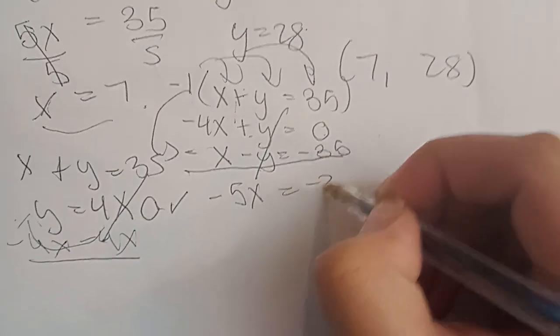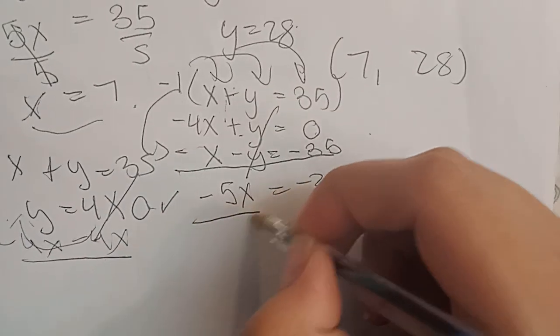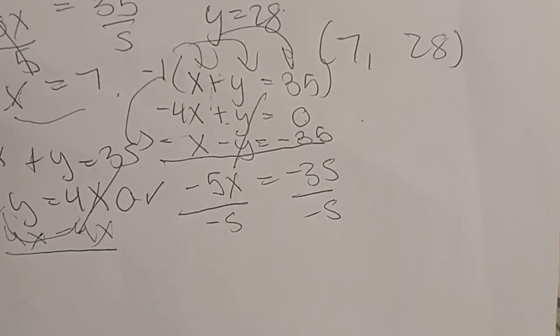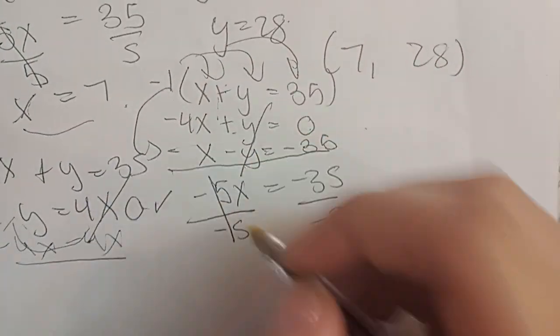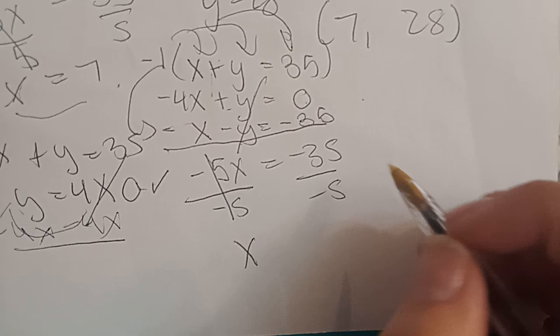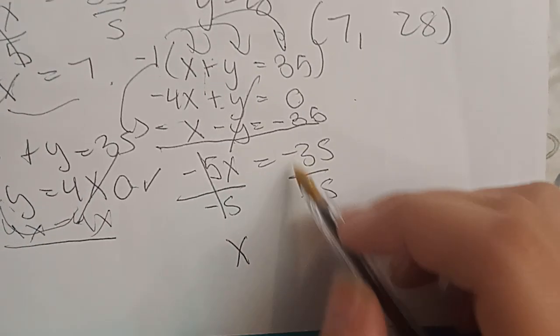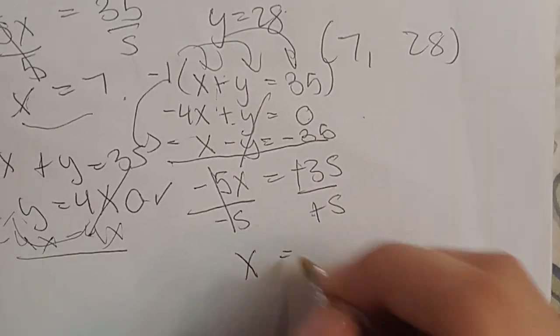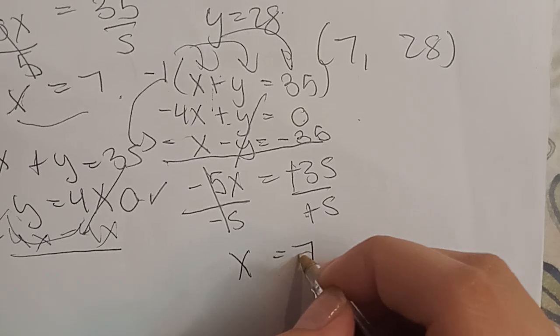And we're left with -35 as well. So we're going to divide by -5 on both sides. And since we're dividing by two negatives, guess what happens? Yep, they turn positive. So now we have x equals 7.